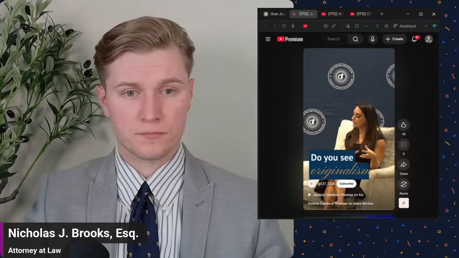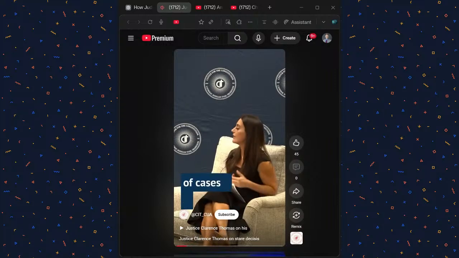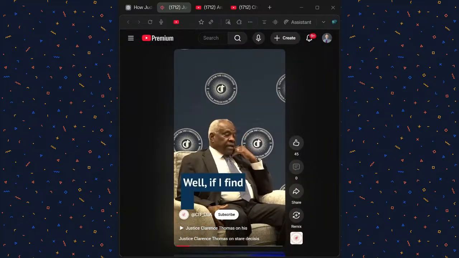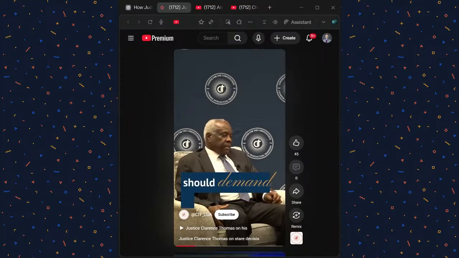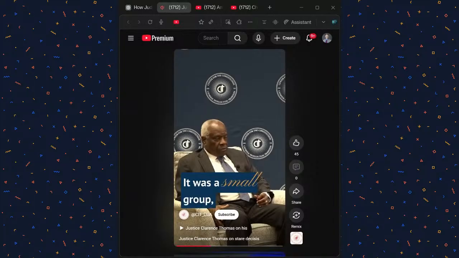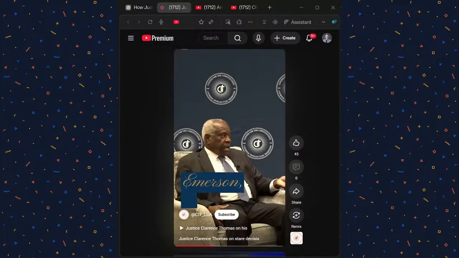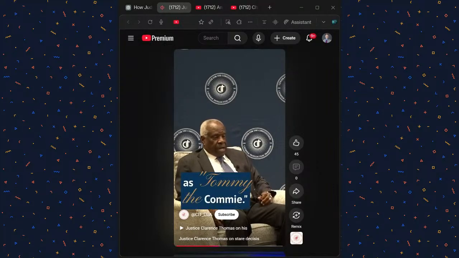Do you see originalism and stare decisis as in tension with each other? And what factors do you bring when you write an opinion that suggests maybe a line of cases should be revisited? Well, if I find it doesn't make any sense, I think we should demand that no matter what the case is, that it has more than just a simple theoretical basis. You know, I remember when I took constitutional law in law school. It was a small group, and my professor was Thomas Emerson, who was fondly known by the law students as Tommy the Commie.